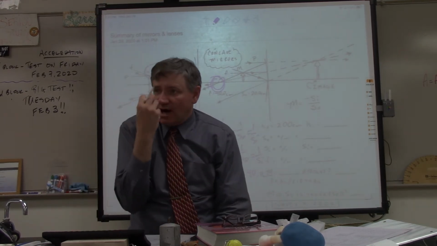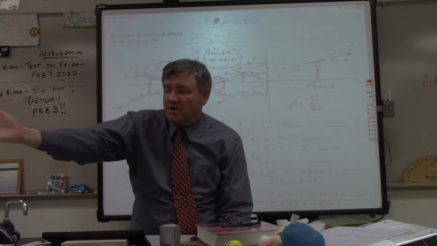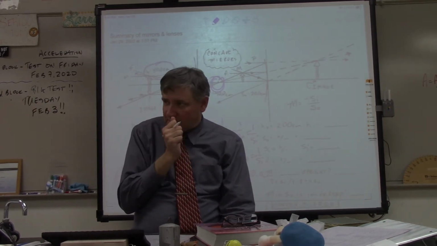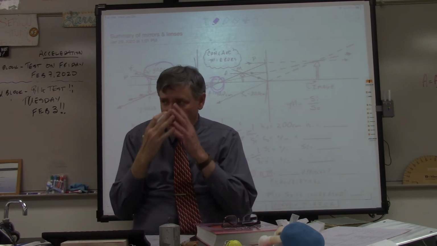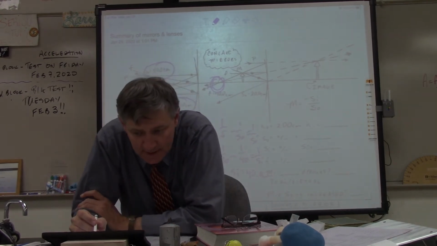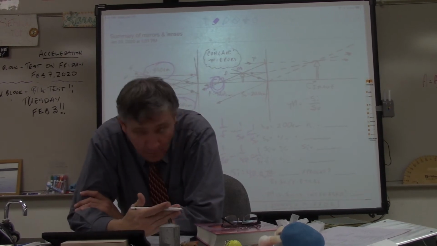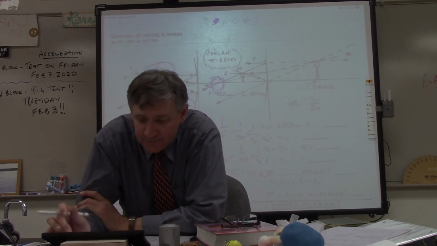This is when you've got it real close. This is what made it so terrifying for Liza when she brought that thing in close. You are inside the focal point. So one of these you're outside the focal point, one of these you're inside the focal point.